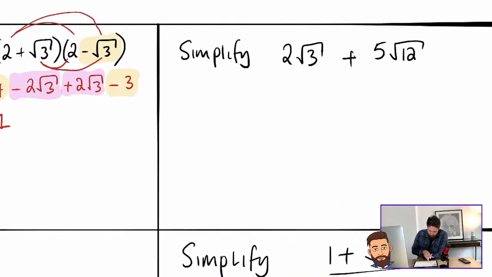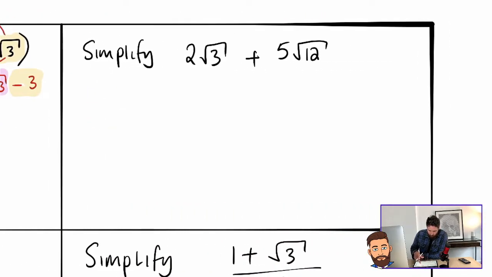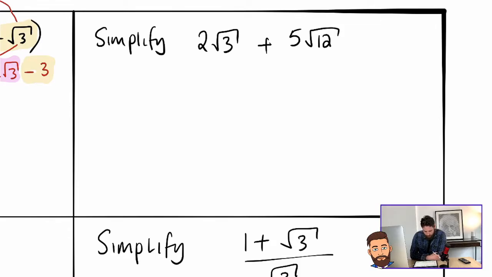Moving over to the top right question, you've been asked to simplify 2 root 3 plus 5 root 12. We looked at how these are two different roots, and if the root is not the same, you cannot add them together.